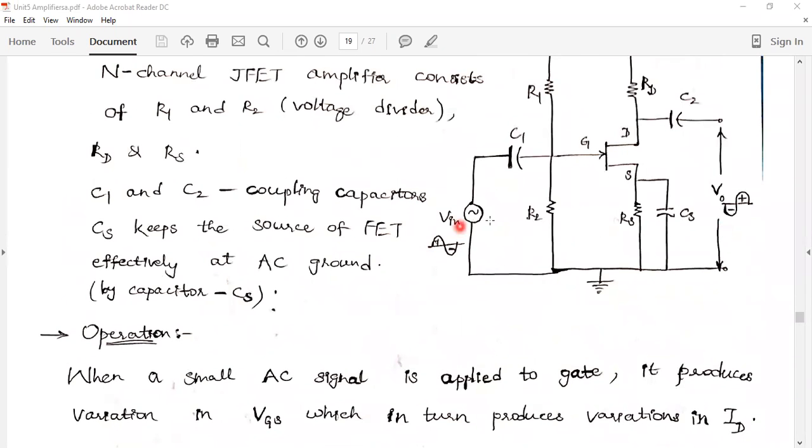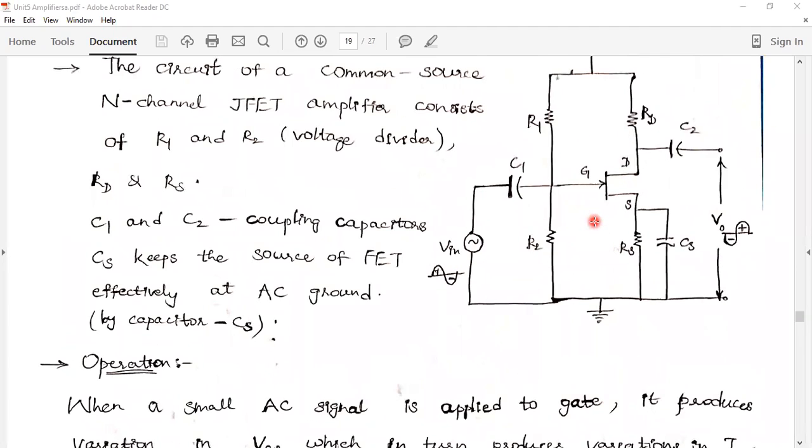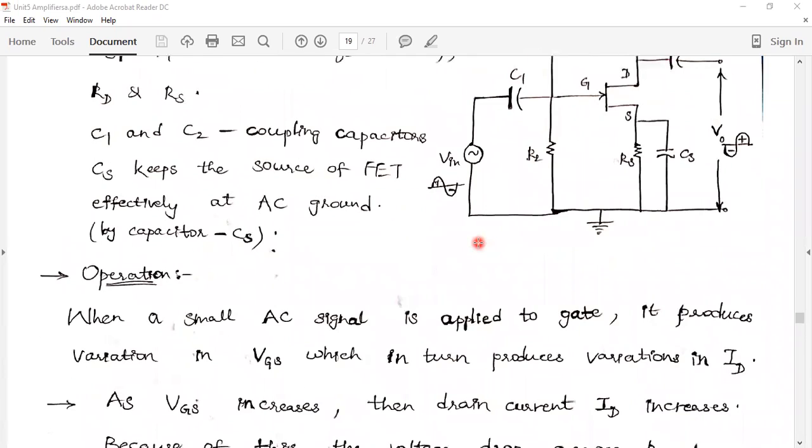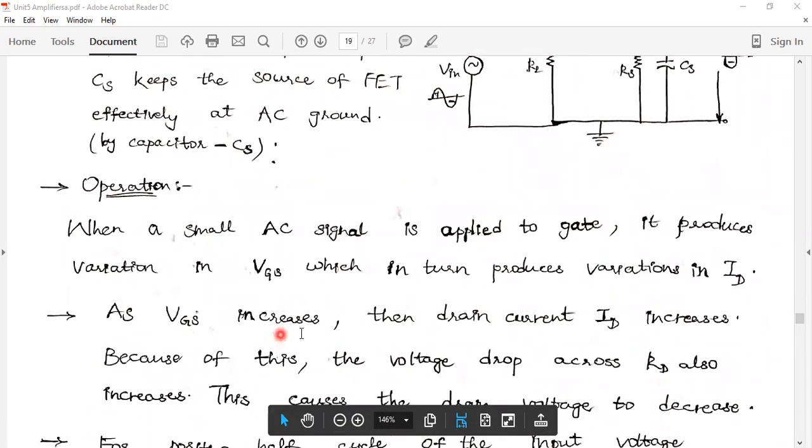A small voltage is produced across this gate. This produces the variation across VGS, and this VGS produces the variation in the flow of current, drain current ID. As VGS increases, the drain current ID increases.